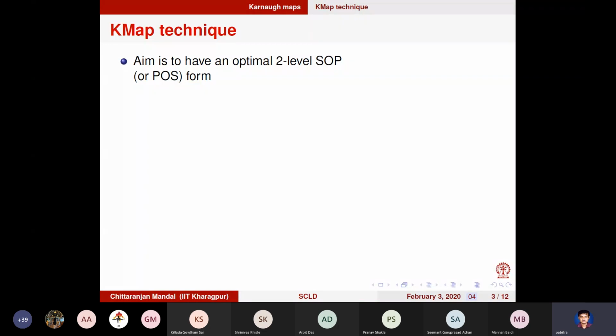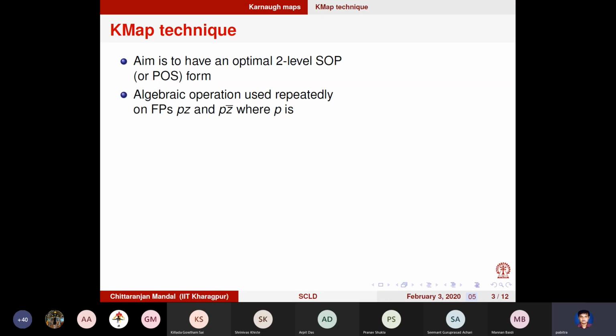Okay, so let me quickly review what we did in the last class on the Karnaugh map. The purpose is to minimize so that we have an optimal two-level form, in the sense that you have a sum of products, or we'll see today that also possibly a product of sums form.